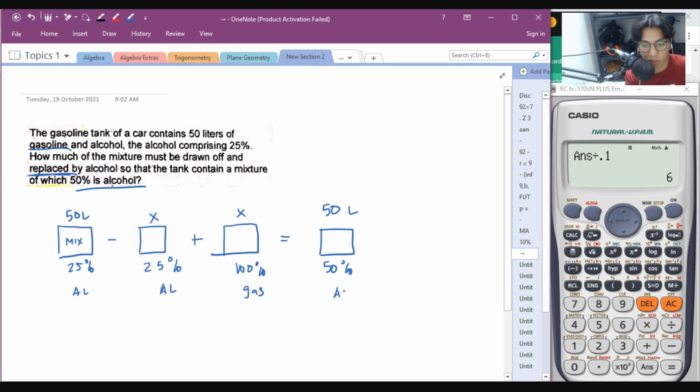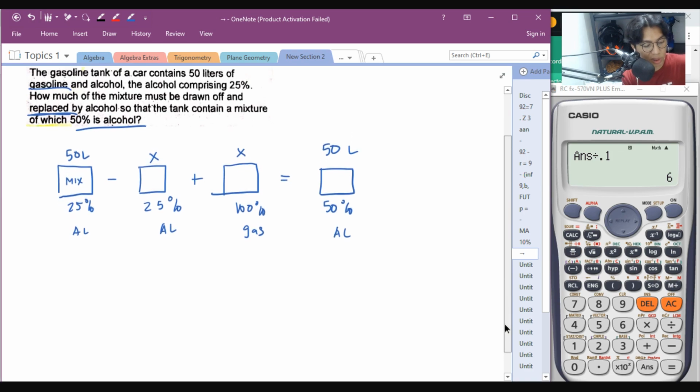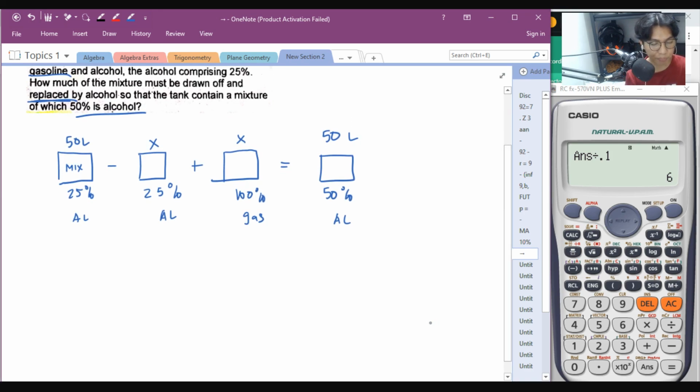We put this in equation such that mag-yield tayo ng 50 liters pa rin. Tatanggalin ko lang naman yung mixture and then babaguhin ko yung kanyang halo.